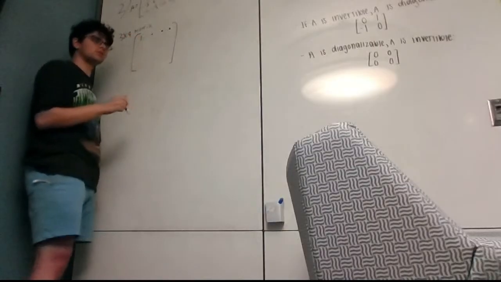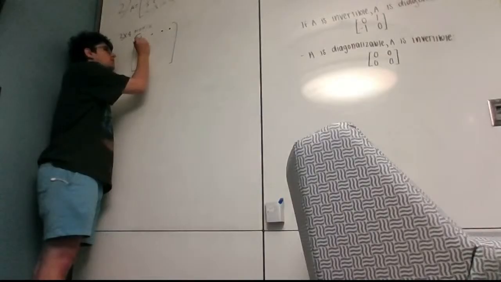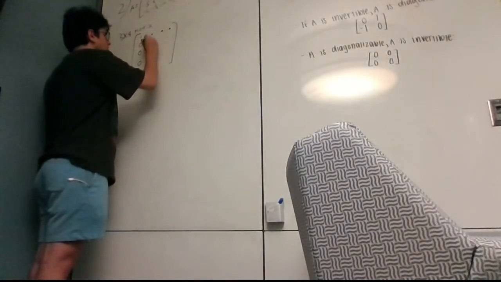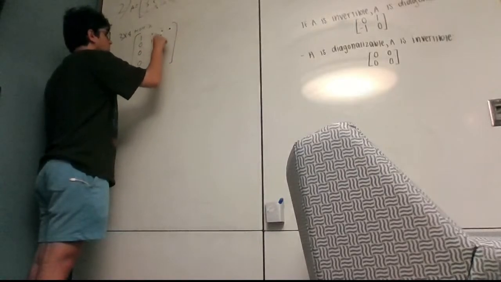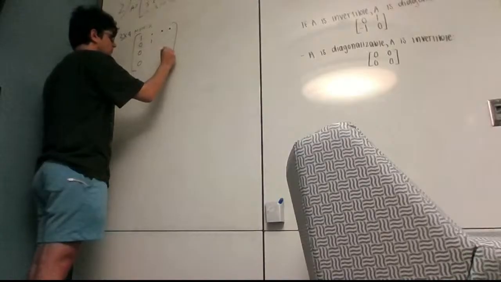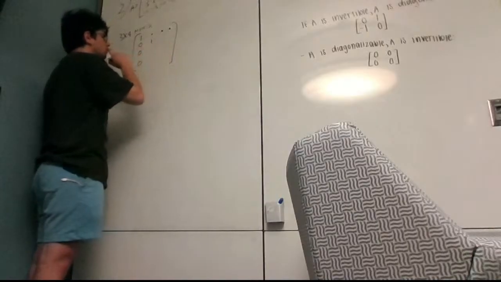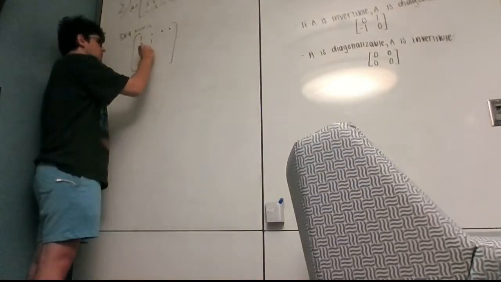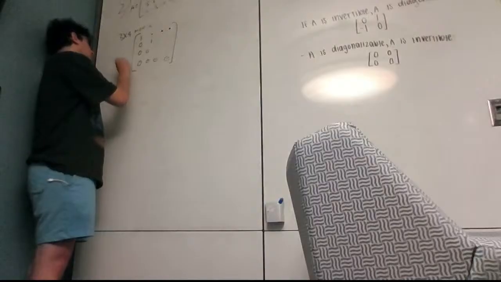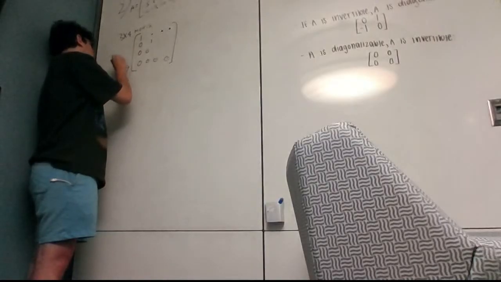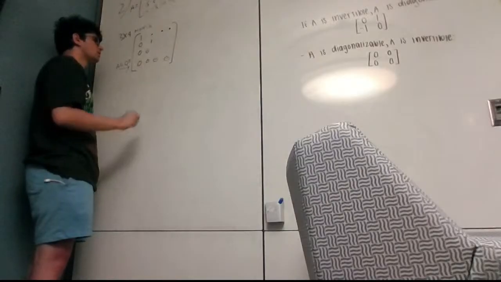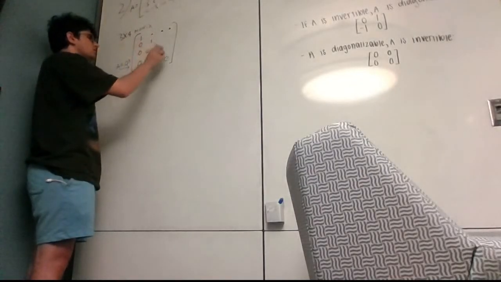What's going to be below the 1 in the column? It should be all 0. Row echelon form, by the way, has the bottom row being all 0s. And then what do we put in the 3rd and 4th row?